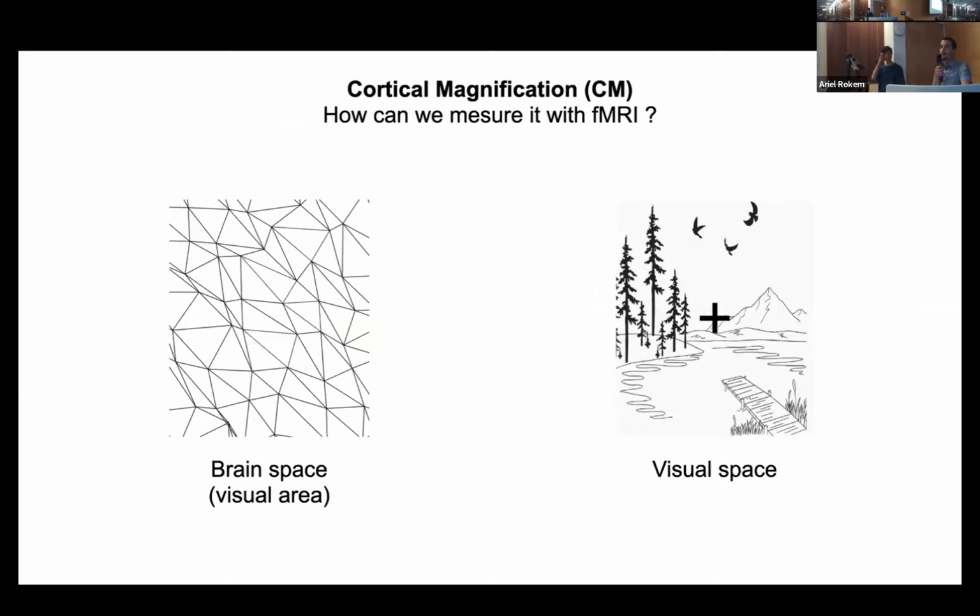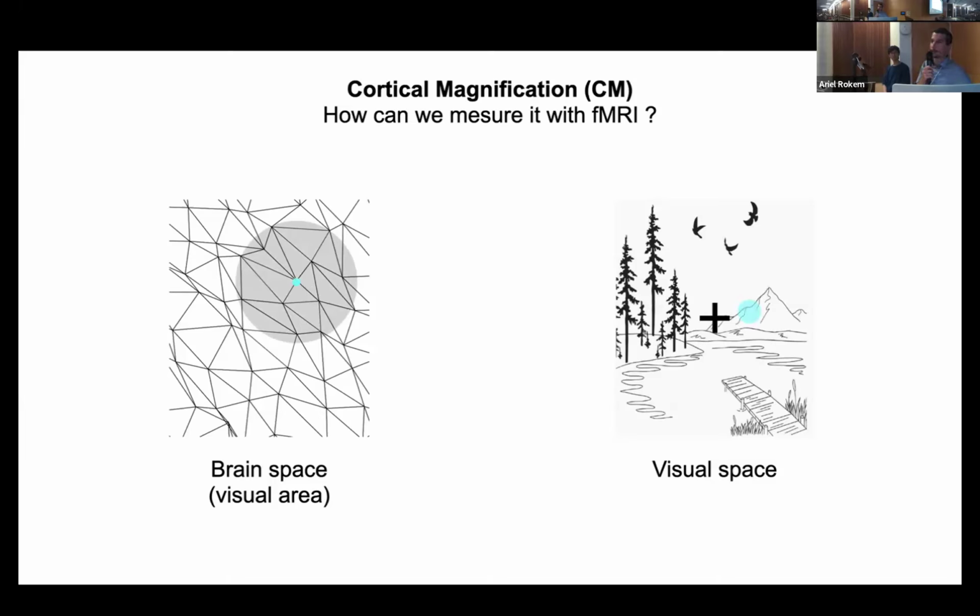And then we need to know, okay, it's good, but how can we compute this cortical magnification with fMRI data? So for that, we use surface-based MRI, and like I told you before in my first talk, we can model the pRF parameters. If you imagine a visual area like V1, for example, we can take a vertex, which is this blue point here, and we can have its corresponding population receptive field.